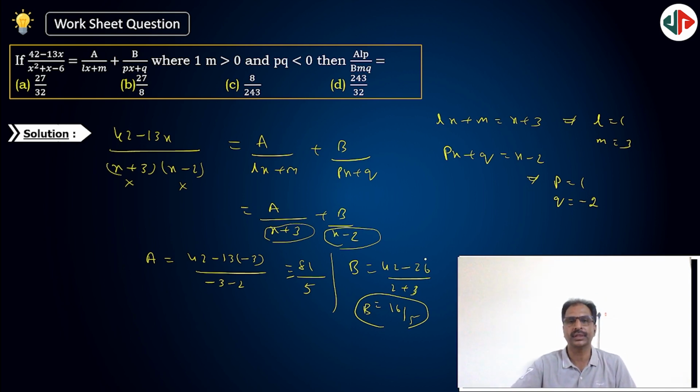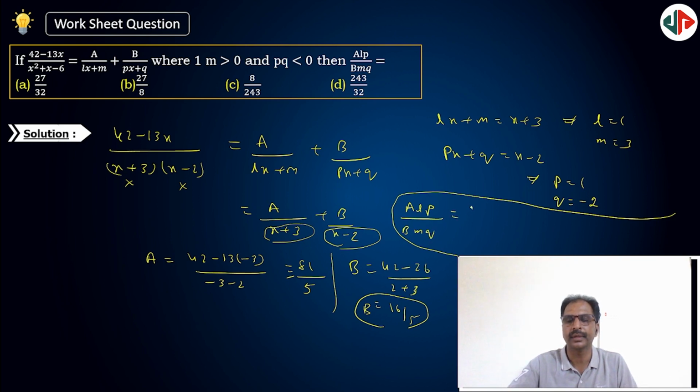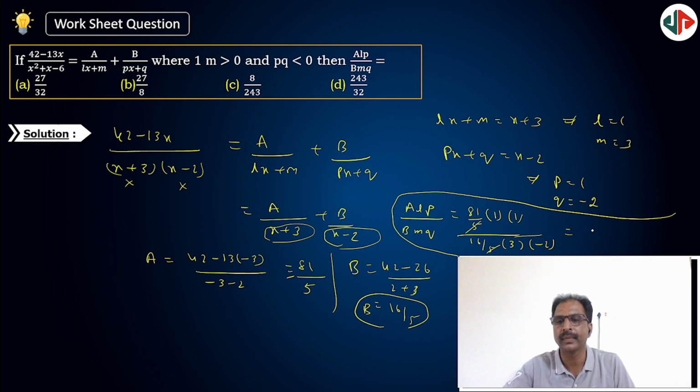Now the question is A l p by B m q. A into l into p by B into m into q. A is minus 81 by 5, l is 1, p is 1, by B is 16 by 5 into m is 3, q is minus 2. 5 gets cancelled.